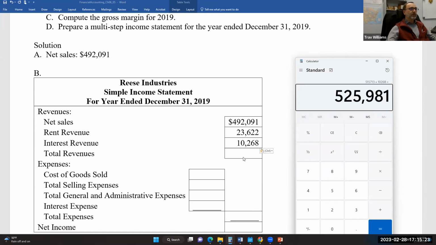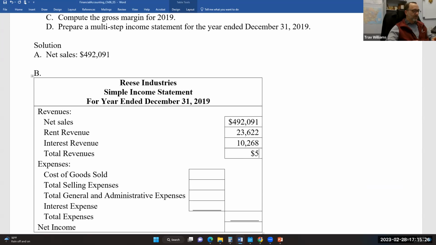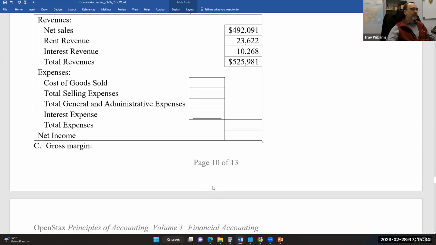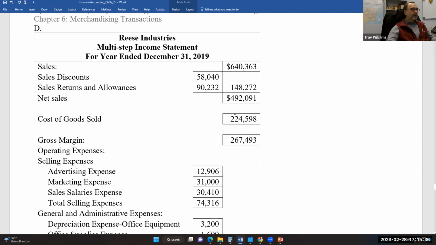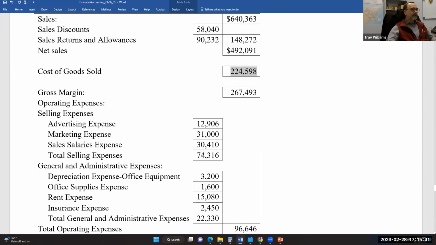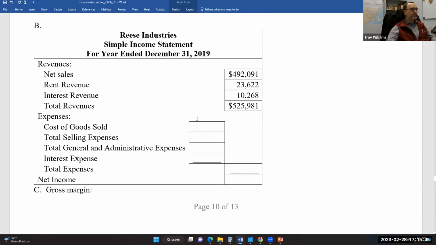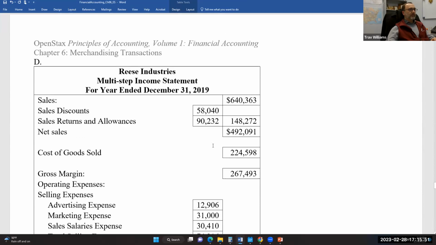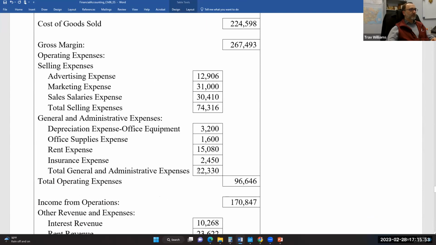So we get 525,981 as our total revenue. Then we have expenses, cost of goods sold, and then total selling expenses. So cost of goods sold is that, selling expenses, 74,316. General and administrative expenses was this.